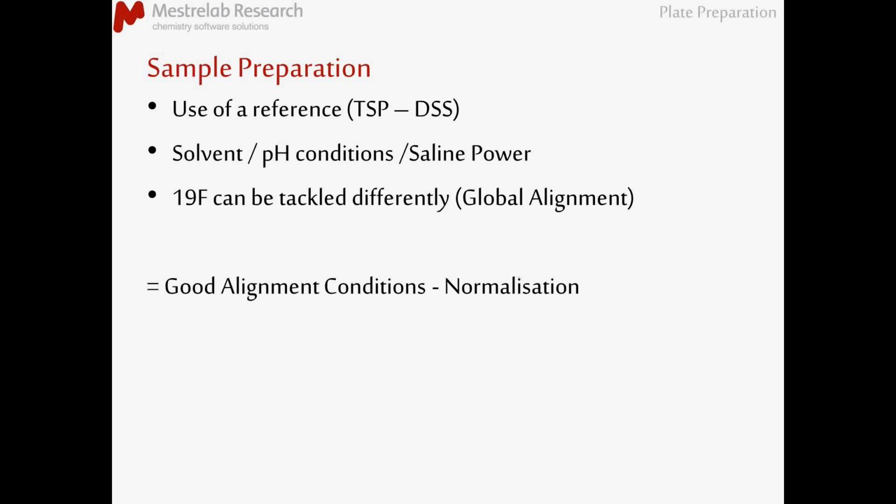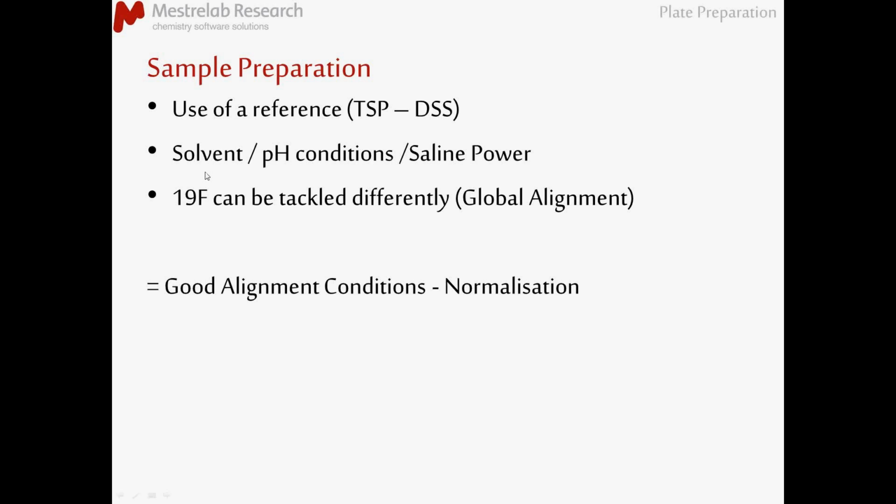When you are going to perform the automation of your analysis, or even if you are looking at it on a sample-by-sample basis, having a reference in there is going to help you for many different reasons. The main reason is that it's going to give you good alignment conditions. If you have good alignment conditions, the first benefit is that it's going to be very easy to normalize your peaks, and hence it's going to be very easy to quantitate your results.